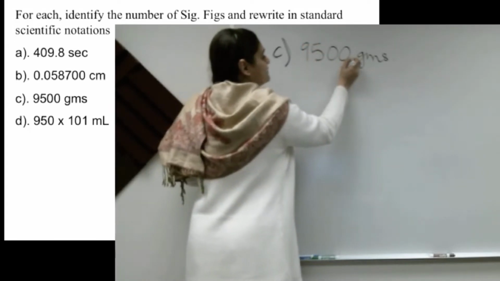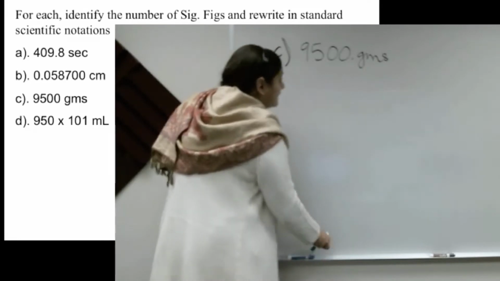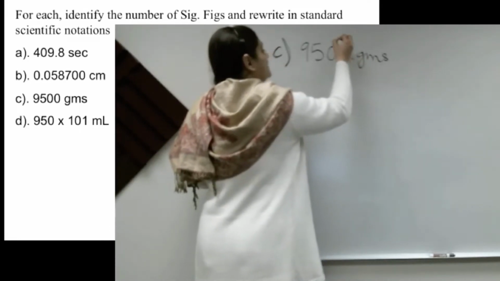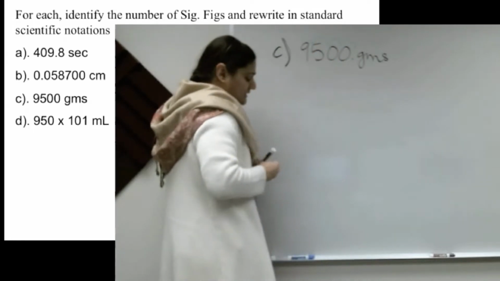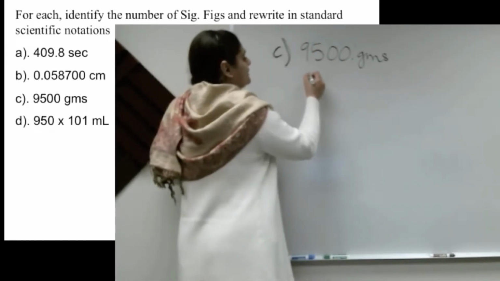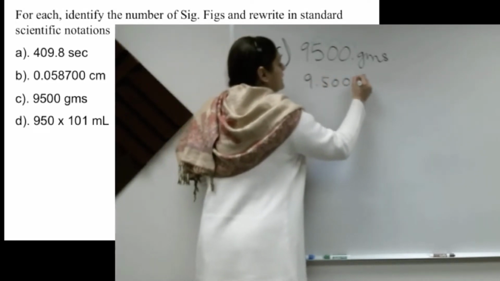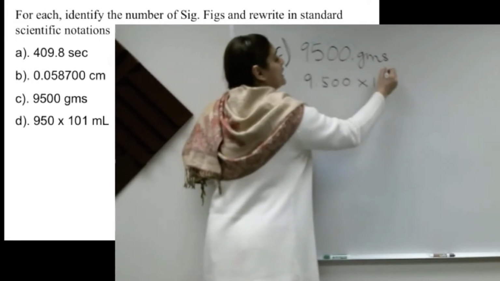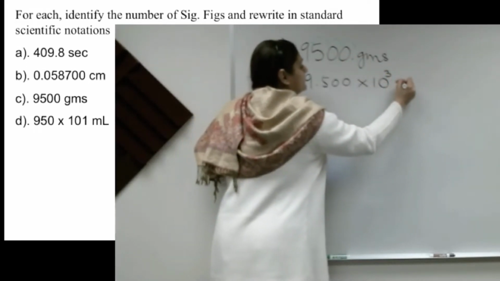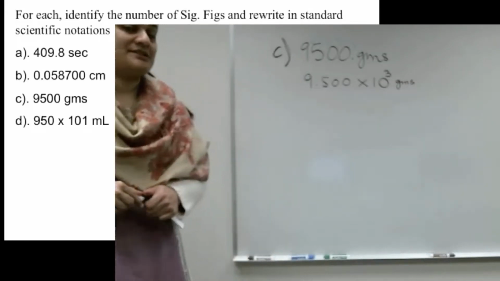I have a decimal point that's here. Now I'm moving over how many? 1, 2, 3. And I moved each one towards the left. So I will get 9.500 times 10 to the 3 grams.